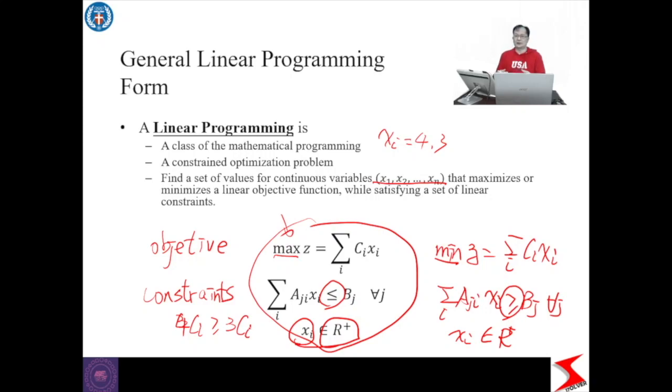So you can always make xi as large as possible to get a better performance indicator for the problem, so you cannot get the optimal solution. That's the reason why in the standard form of maximization we use the less-or-equal sign, and in minimization we use the larger-or-equal sign.